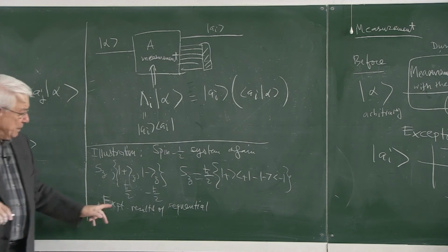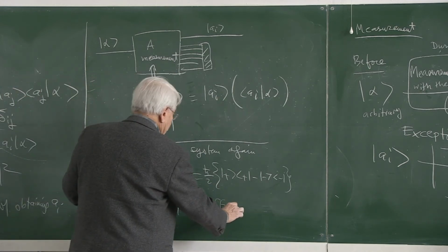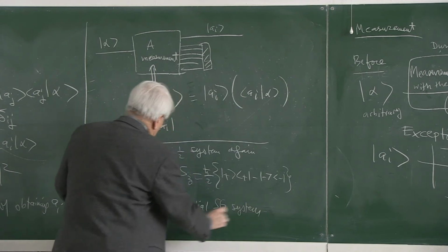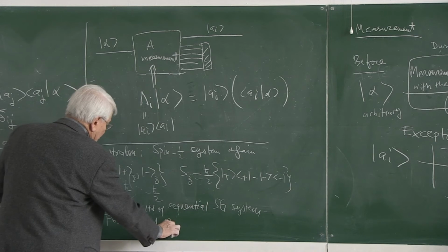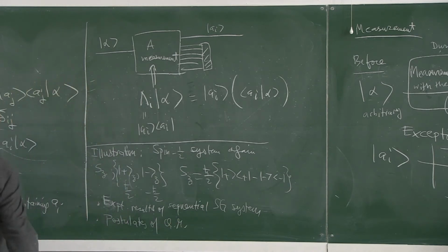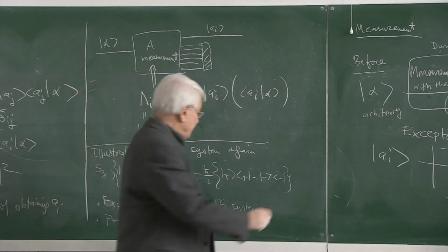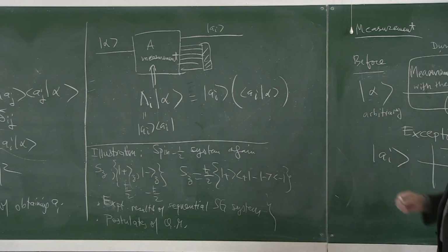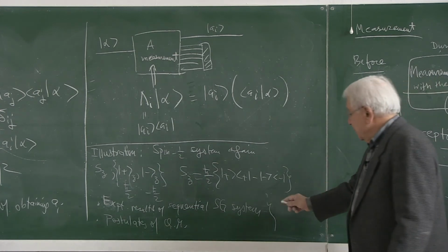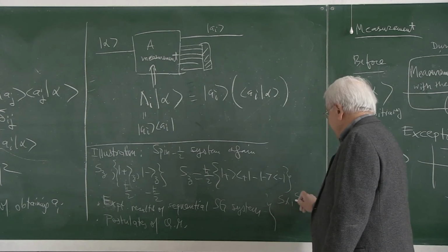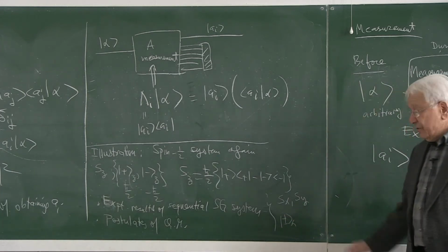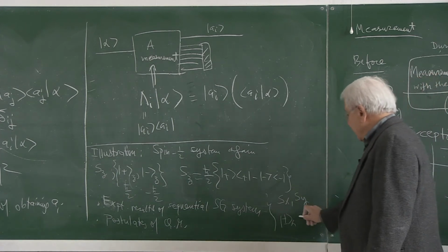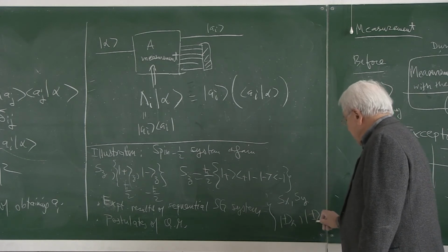So the experimental results of the sequential Stern-Gerlach system, plus the postulates of quantum mechanics that we have formulated till now, will enable us, in addition to this initial information we gathered at the first step, to get the information about the S_x and S_y operators. Furthermore, the eigenvectors of S_x as well as the eigenvectors of S_y.